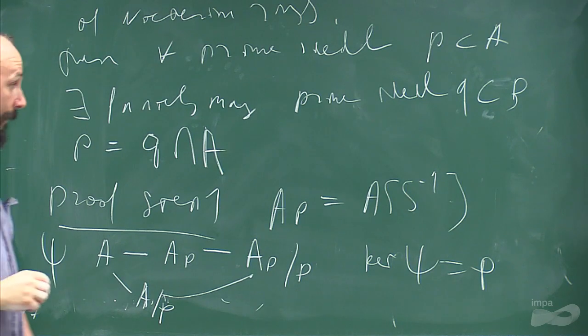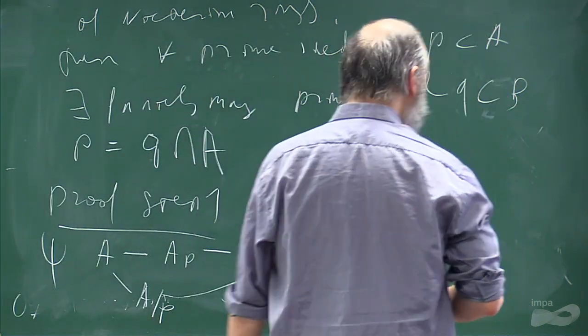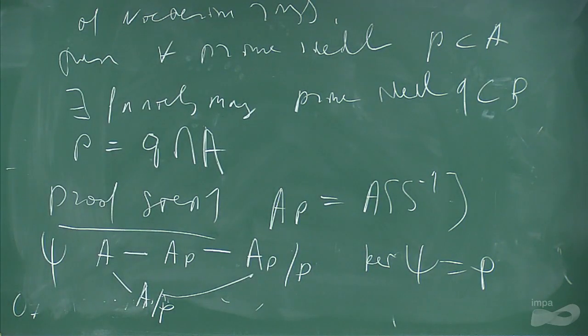And then you can take its quotient by P. So B_P quotient by P is finite over A_P quotient by P. This is a field.